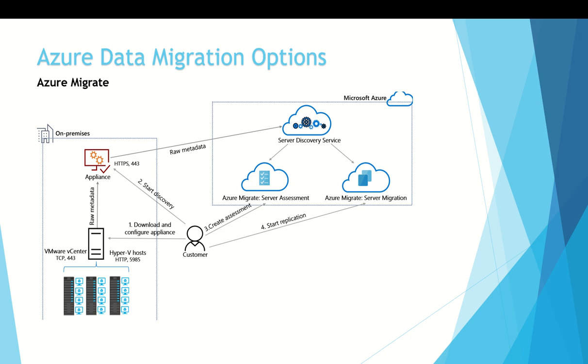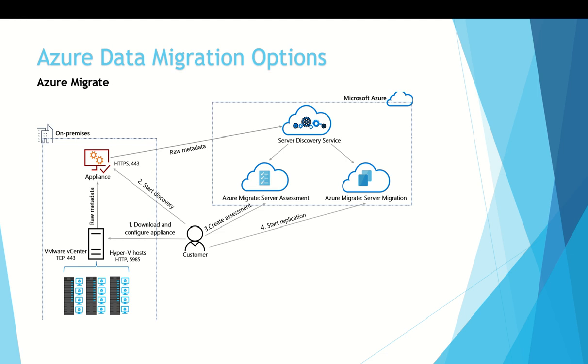The unified migration platform is a single portal to start, run and track your migration to Azure, and assessment and migration is the Azure Migrate hub. You can access it and migrate your on-prem infrastructure to Azure.